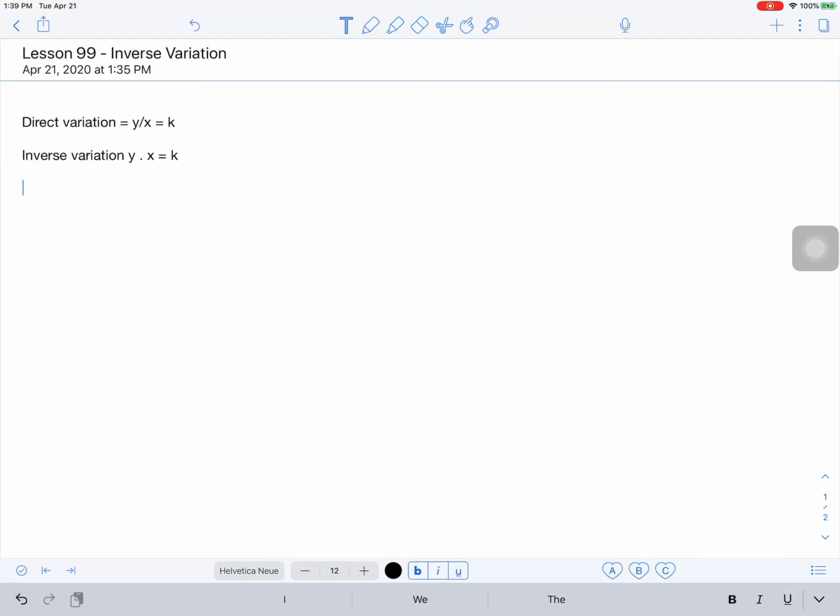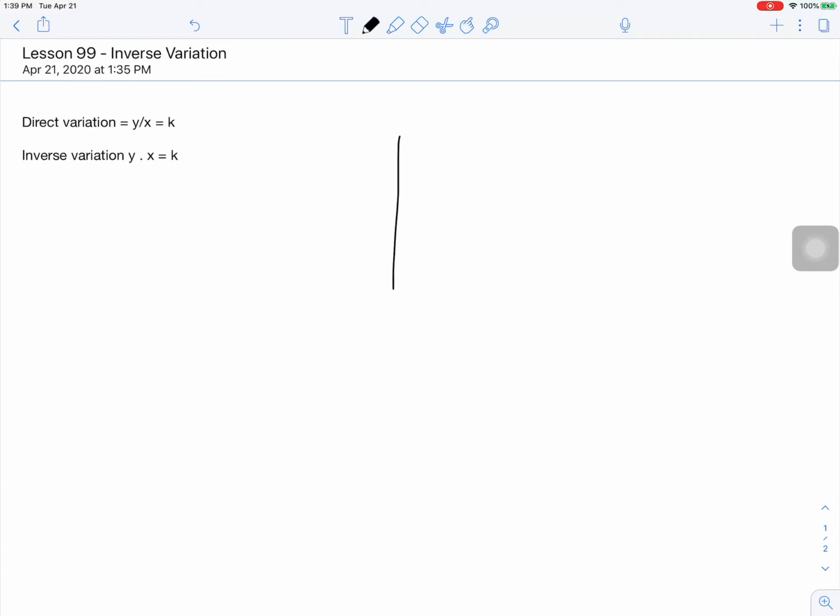Okay, grade 8, lesson 99, inverse variation and direct variation. Direct variation you've learned about before, and I'll give you an easy example of this. If we have x and y, and x is 0 and y is 0, x is 1 and y is 3, x is 2 and y is 6, x is 3 and y is 9, you can see that if I go 3 divided by 1, I get an answer of 3.